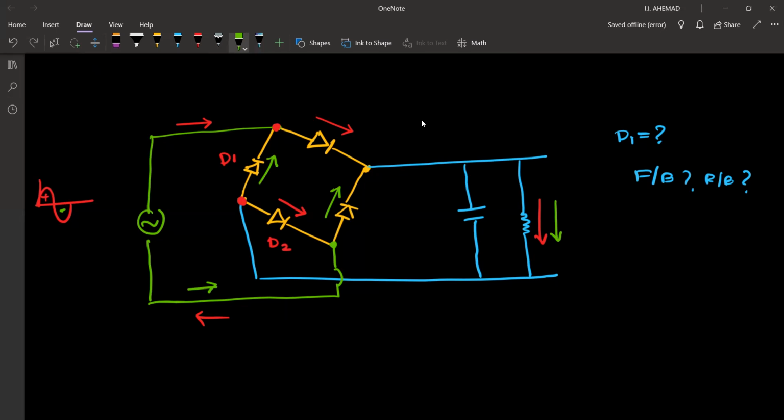When it comes to this point, D2 is reversed. Yeah, okay.